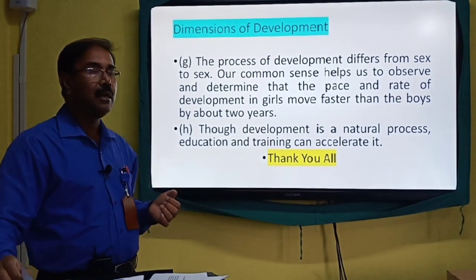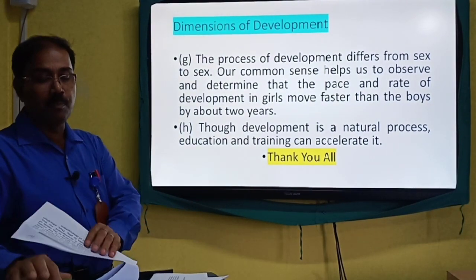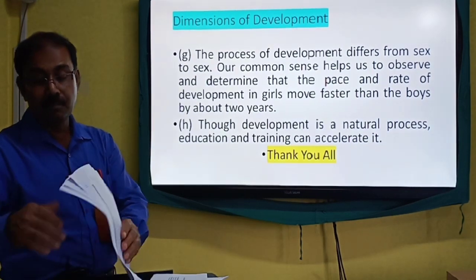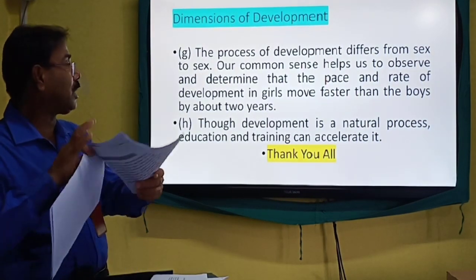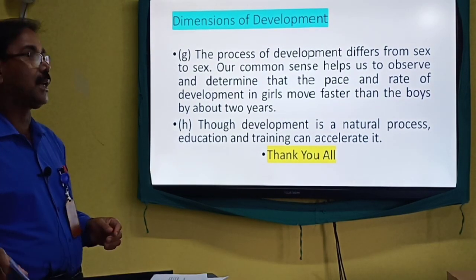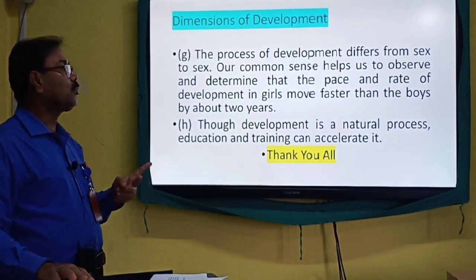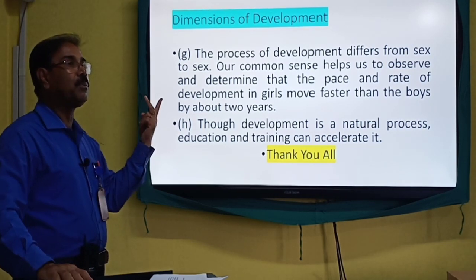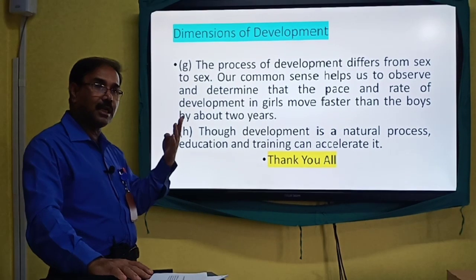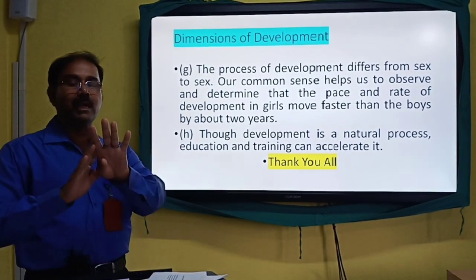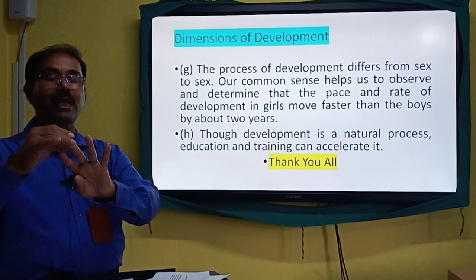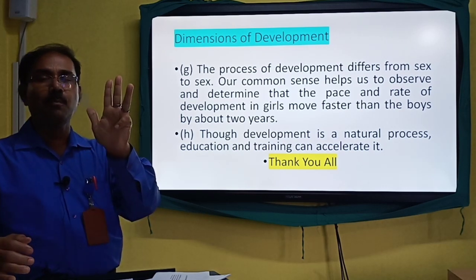So friends, adolescence is one of the most important stages of human life, and for understanding it, we need to understand the total process of development. There are two parts: one before birth, another after birth. Before birth there are 3 stages, and after birth 4 stages: infancy, childhood, adolescence, and adulthood.